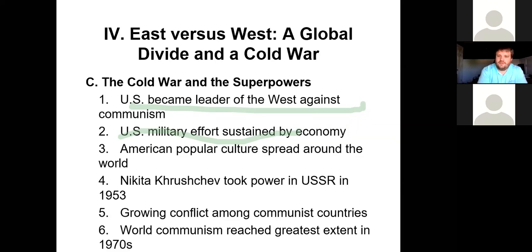There's a growing conflict among the communist countries, though. Yugoslavia rejected Soviet domination, and the Soviet invasions of Hungary and Czechoslovakia were done to crush these different revolutionary movements. In the early 1980s, that's when those happened. Poland was also threatened with invasion, but brutal suppression of reform tarnished the image of Soviet communism.